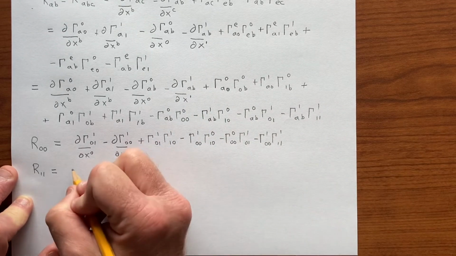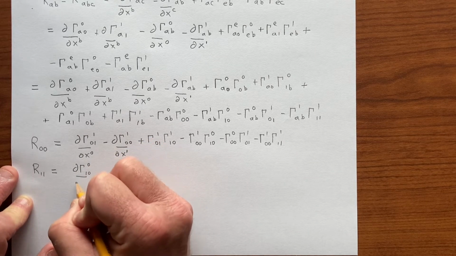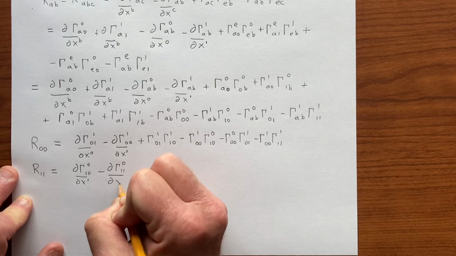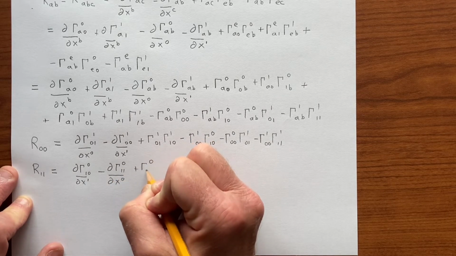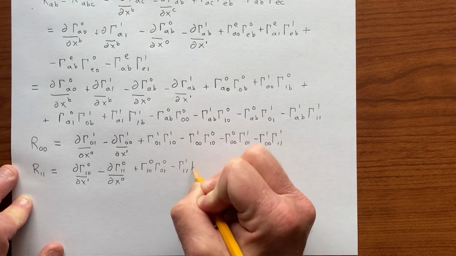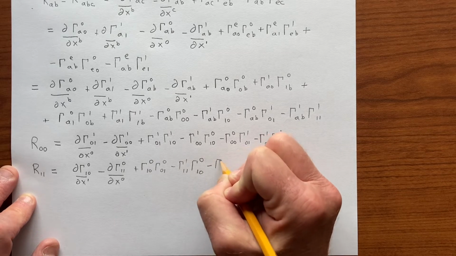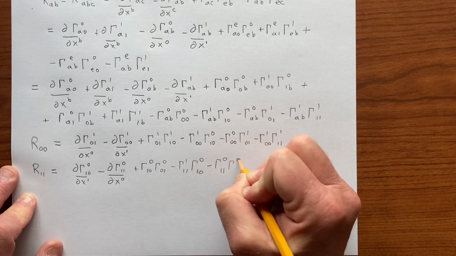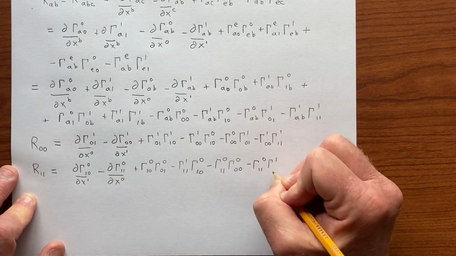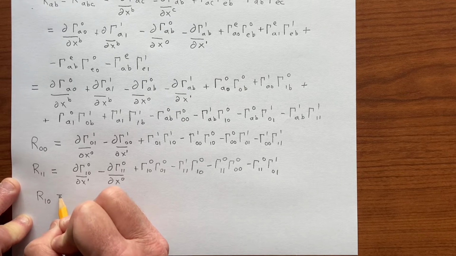So R11 is equal to dΓ^0_10, and that's R11, and we have R10.